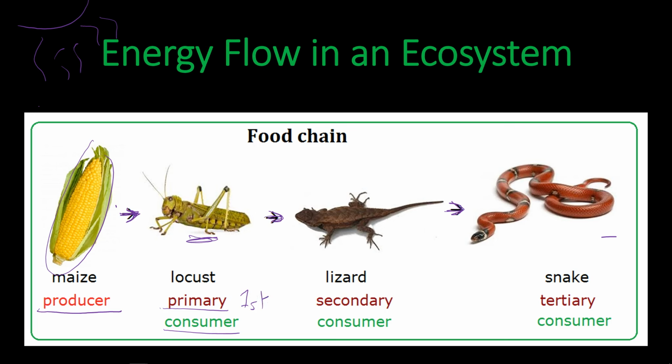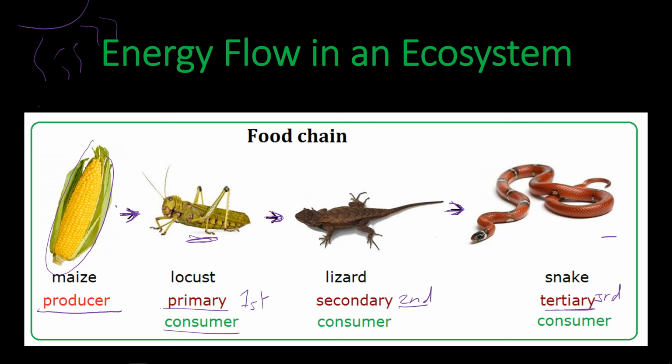Obviously, the next organism that eats the primary consumer is the secondary consumer, meaning second. And this word right here, tertiary means third. So the snake is the third consumer. The lizard was the second, the locust was the first, and the maize, or the corn, is the producer. Okay, it's what made or stored that energy.